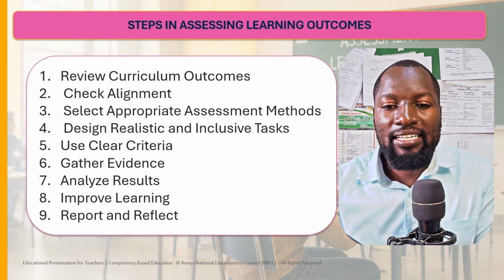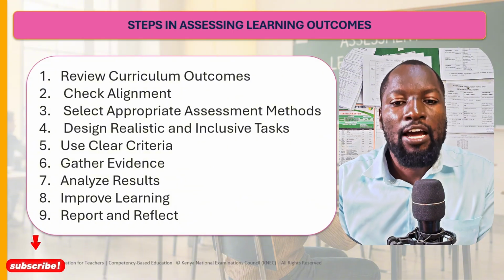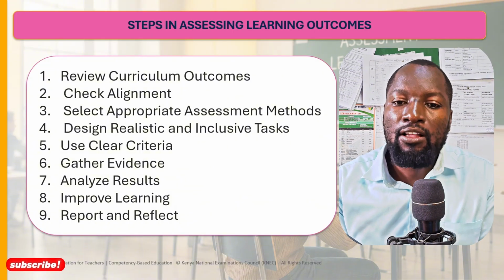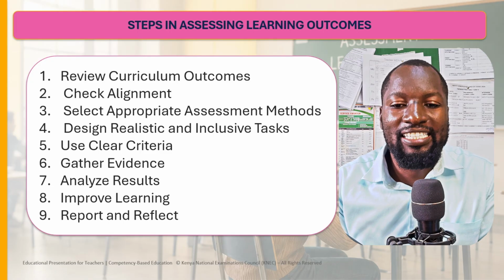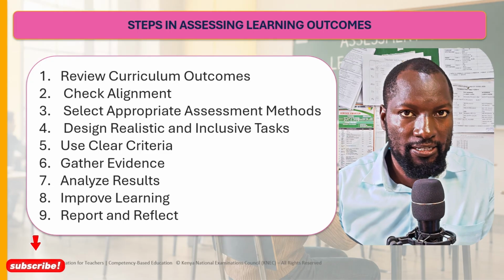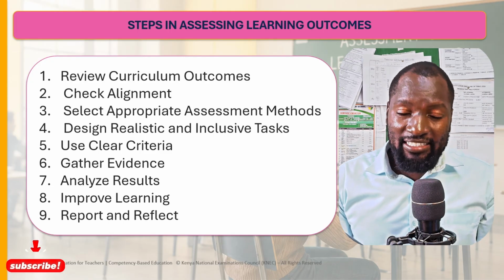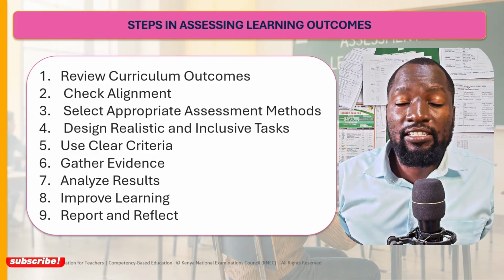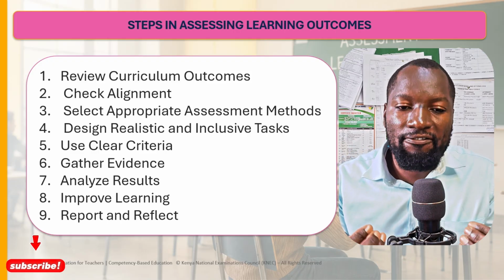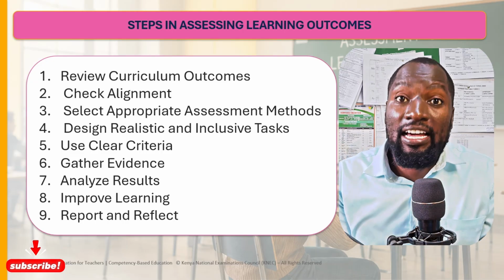Then number 6, gather evidence of learning. So now collect samples of learner work, observation notes, or portfolios to show progress and achievement. Then step number 7, you analyze the results.